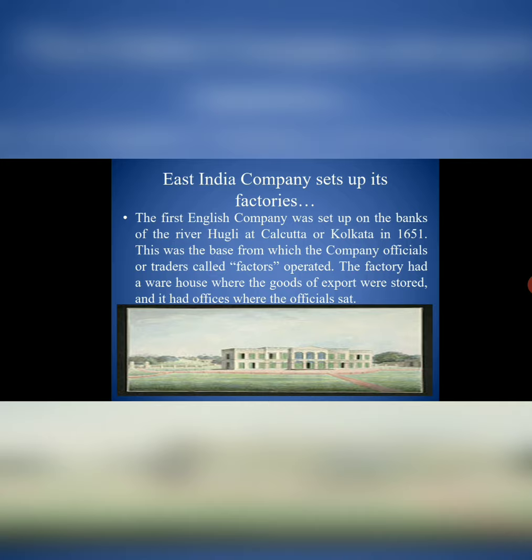So, Kolkata was the main base of the East India Company, and this was the place where the first English factory was set up on the river Hooghly, a tributary of the Ganga, in 1651.